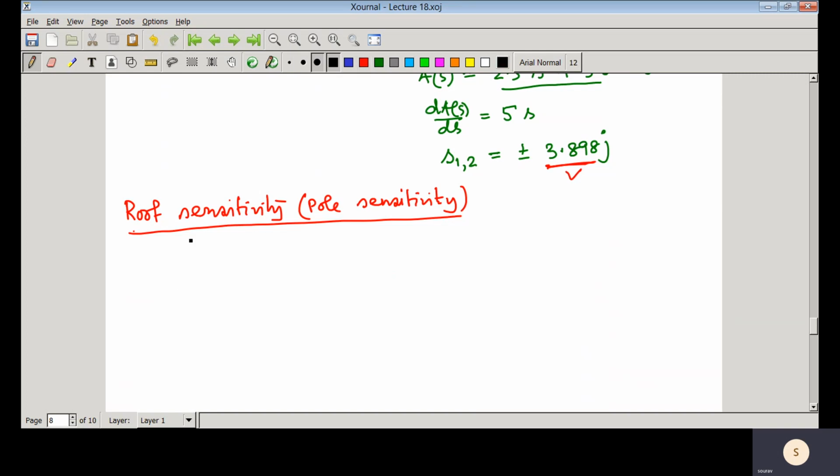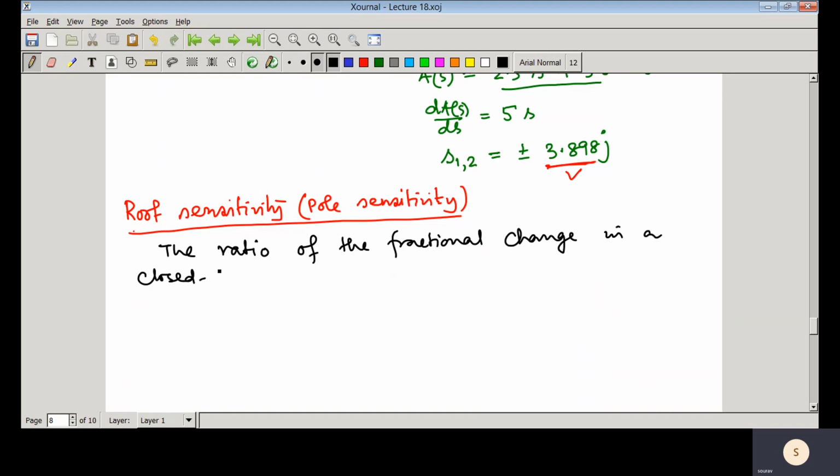So that ratio is called the root sensitivity. The definition is this ratio of the fractional change in a closed loop pole to the fractional change in a system parameter.